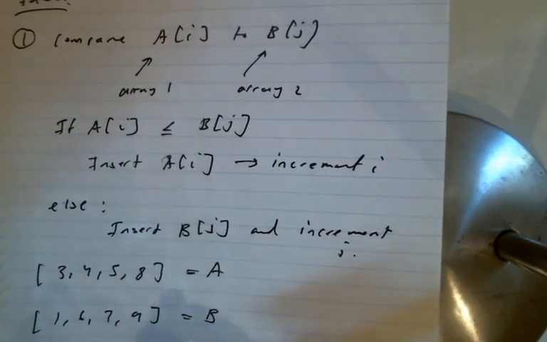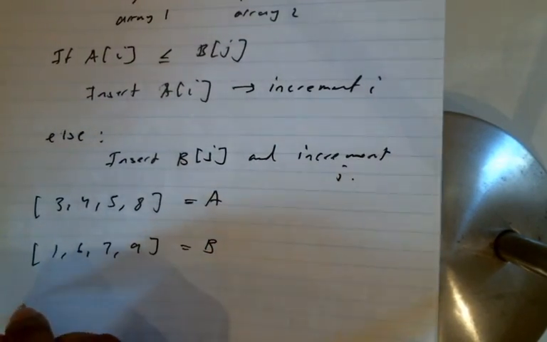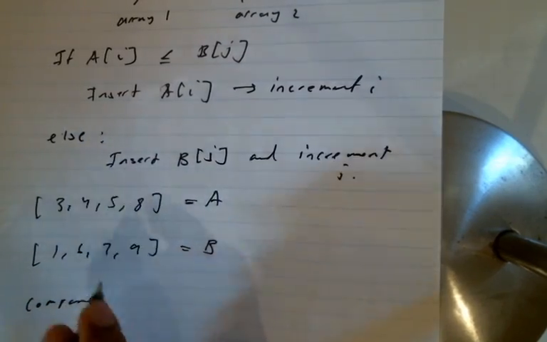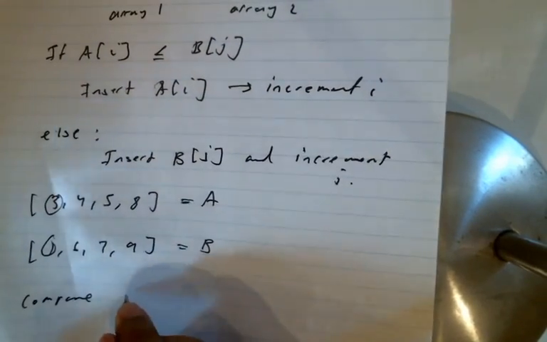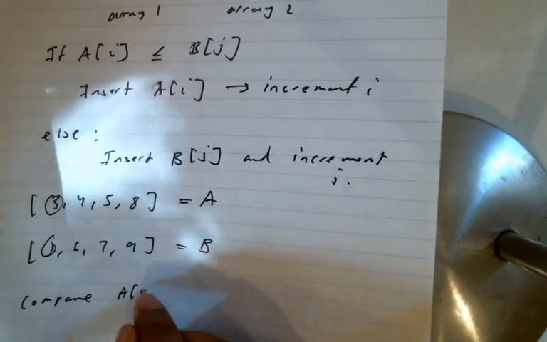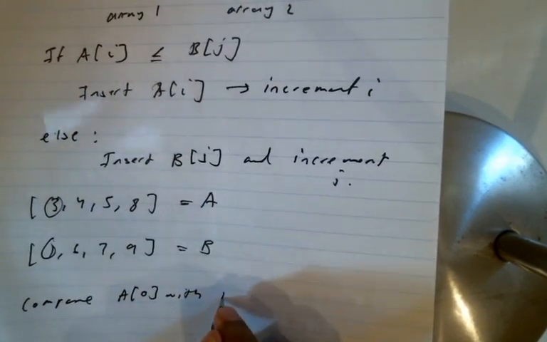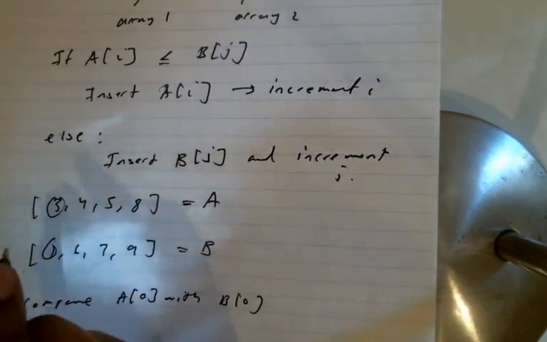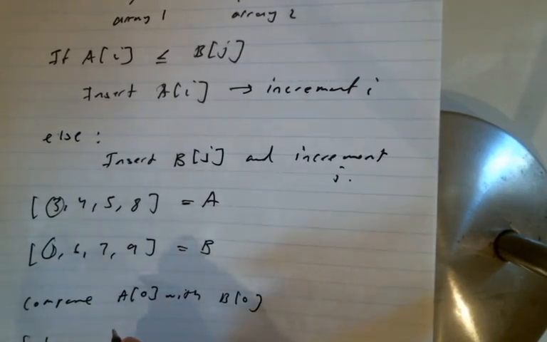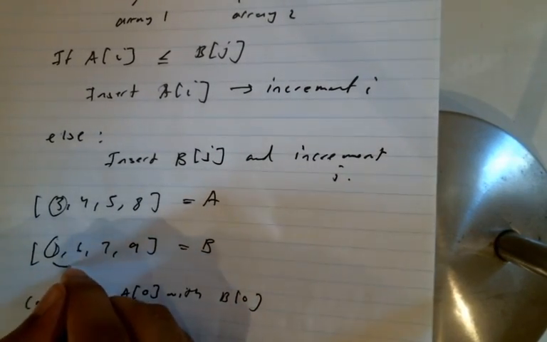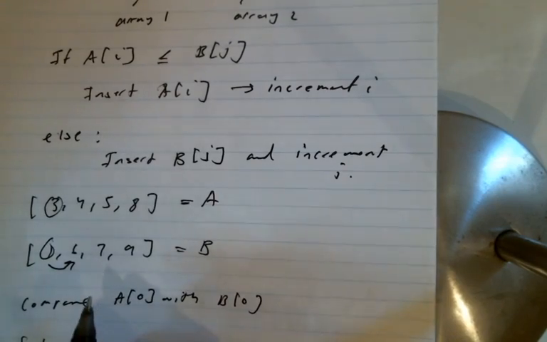All right, so the first thing is compare 1 to 3. Compare these two, right? So compare A0 with B0, right? 1 is less than 3, so we insert 1, okay? Now we go up in this array, all right?